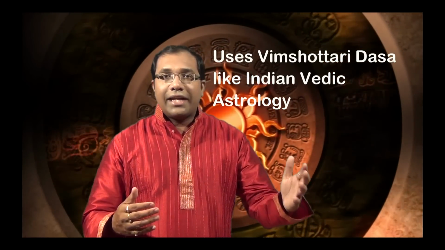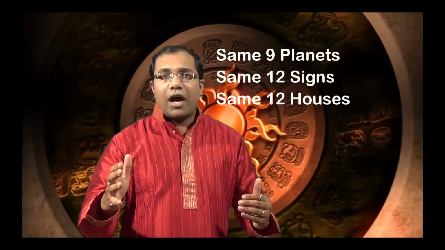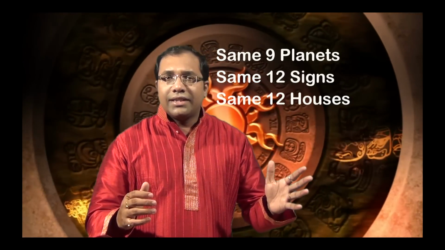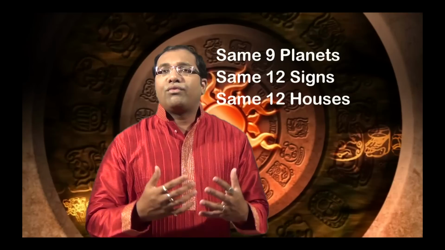It uses the 9 planets, the 12 houses, the 12 Rashis, and all these are very similar to Vedic astrology.